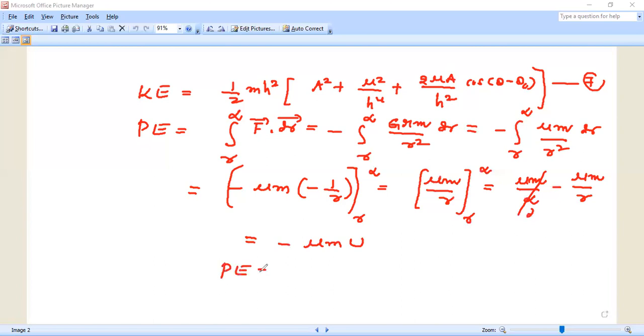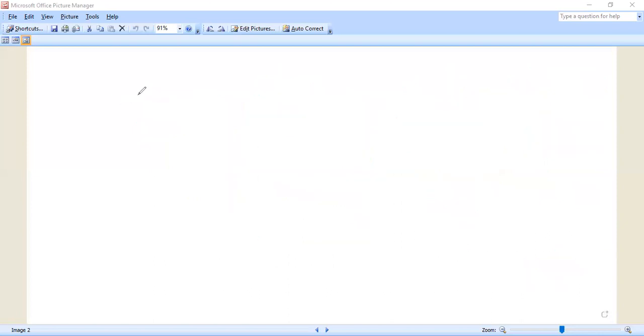Therefore, potential energy is equal to minus mu m u, but u equal to, we have, mu by h square plus a cos of theta minus theta naught. This is equation 8. So we derived the expression for kinetic energy of the planet and the potential energy of the planet. Next, let us do the total energy.